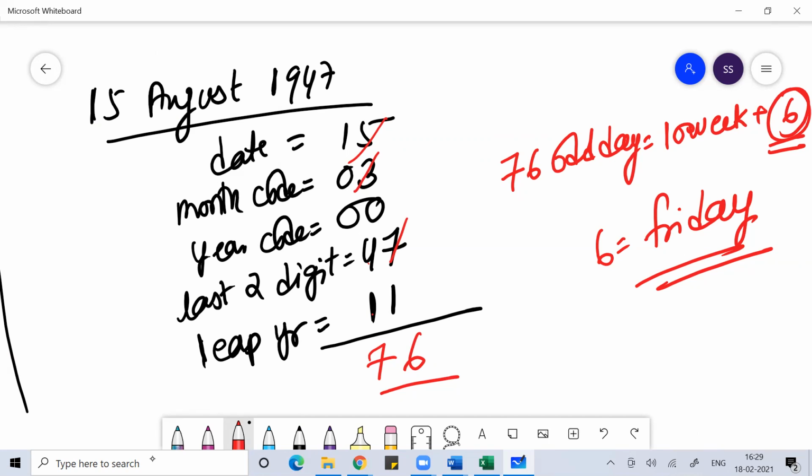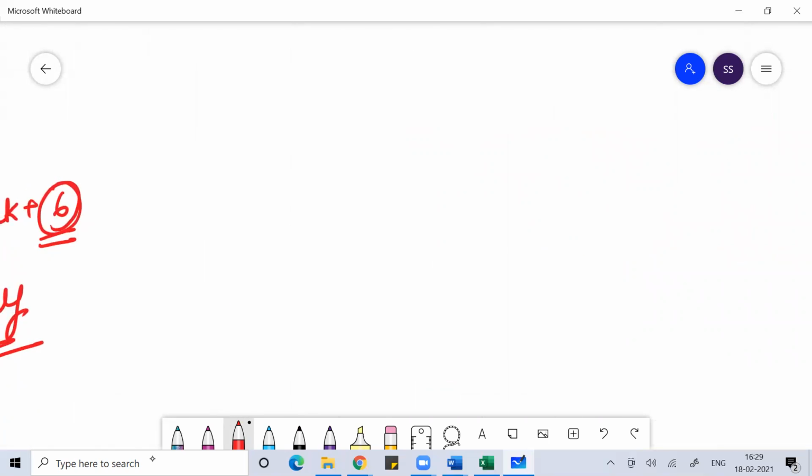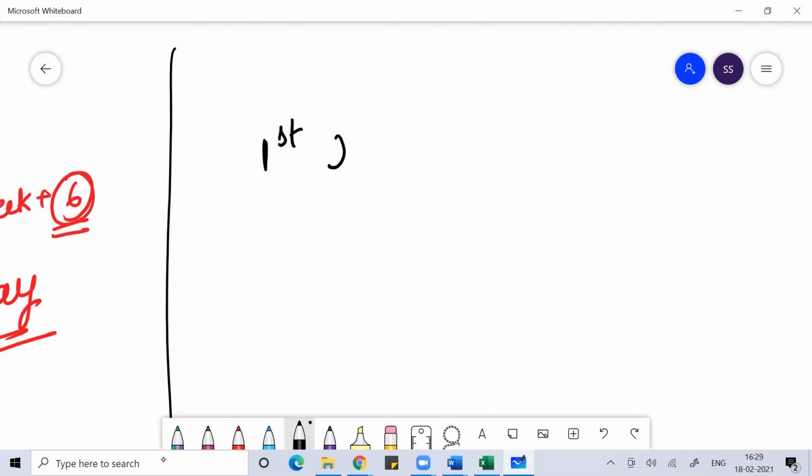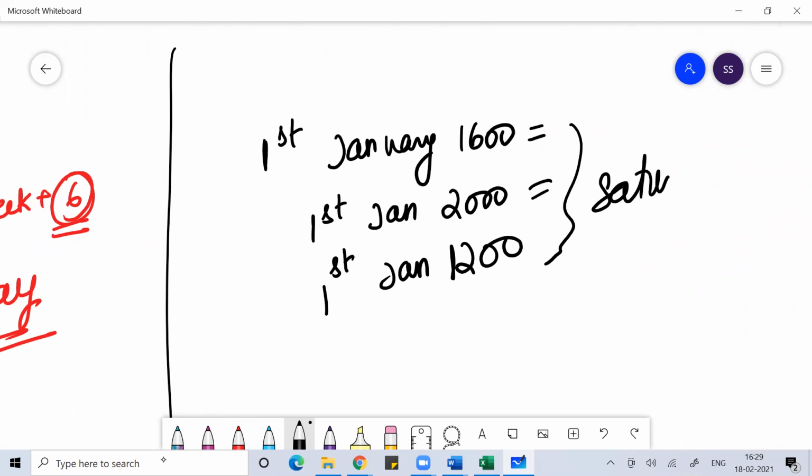Now the exception part. What is the exception part? You have to understand that 1st January 1600, or if I give you the date 1st January 2000, or 1st January 1200, anything that is the first date of a century leap year, all these days will be Saturday only.